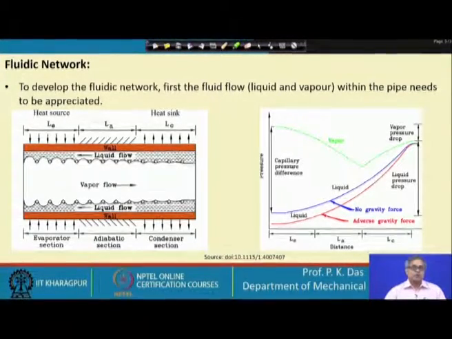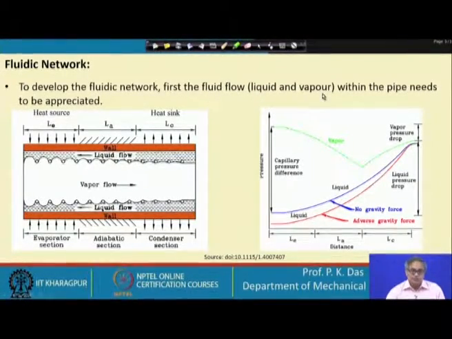The next slide shows us the fluidic network. Here again what we will do is consider how the fluid flow takes place in connection with the heat pipe I am showing on the left side, and the characteristics of the fluid flow on the right-hand side, and we will try to develop a fluidic network.